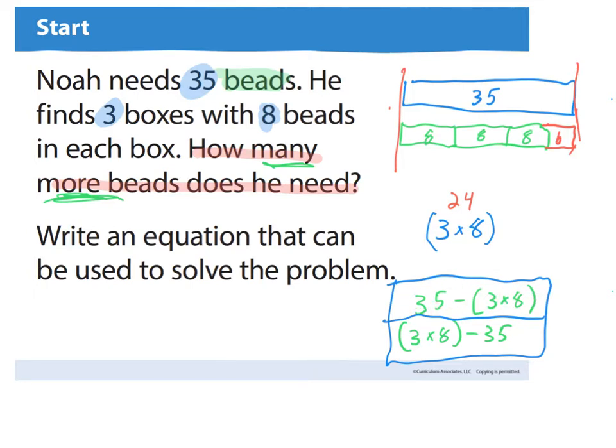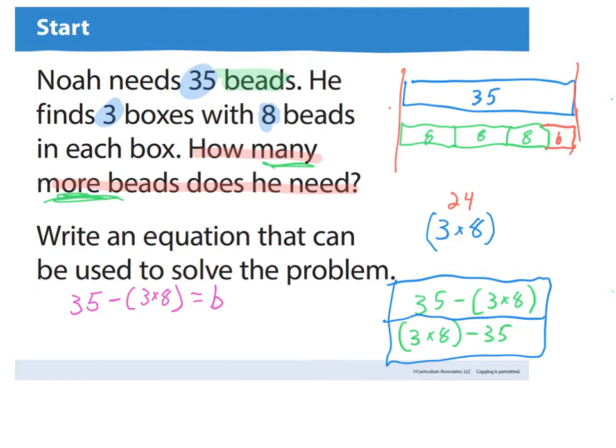Okay, so the way we would want to write this is 35 minus 3 times 8 equals B for the number of beads Noah needs.